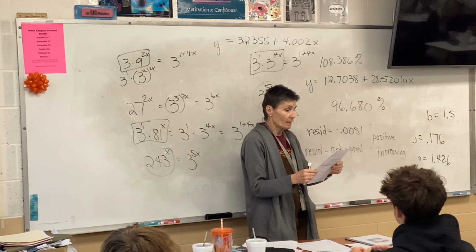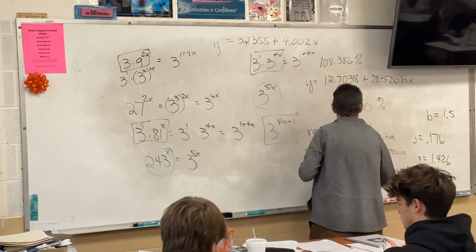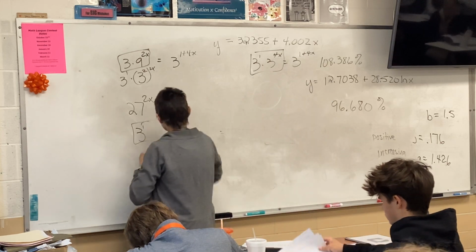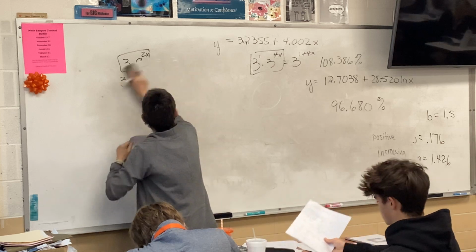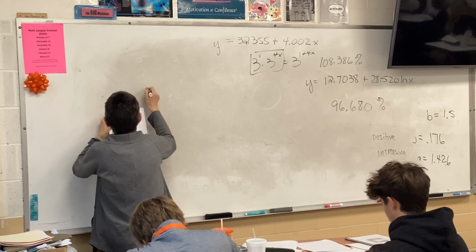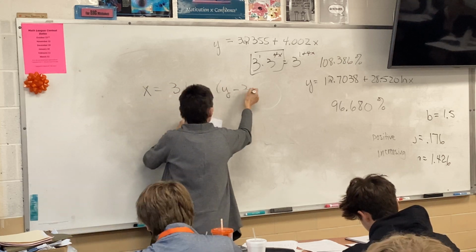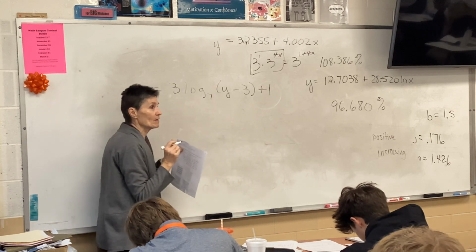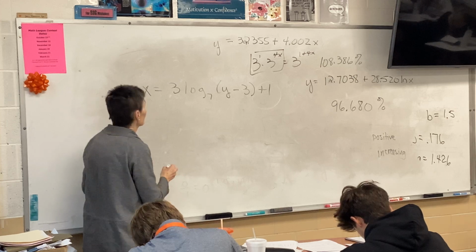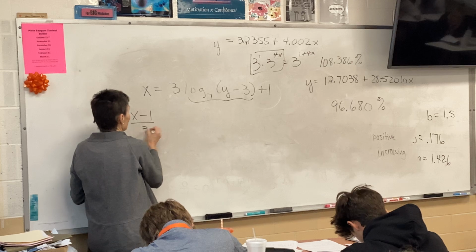Oh, shoot. Let's quickly do number 16. We can do it. We're finding the inverse. We know how to do that. So I switched my variables right off the bat, as I'm sure you did. Now I'm going to get this by itself, so I'm going to subtract 1 and divide by 3.